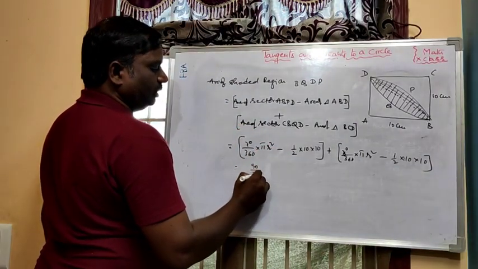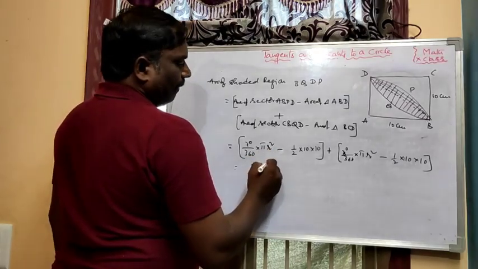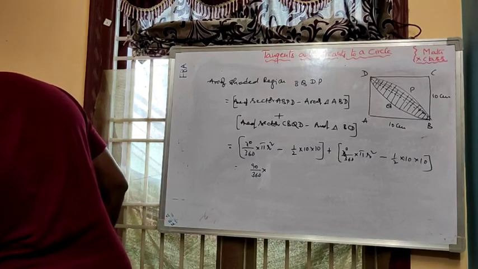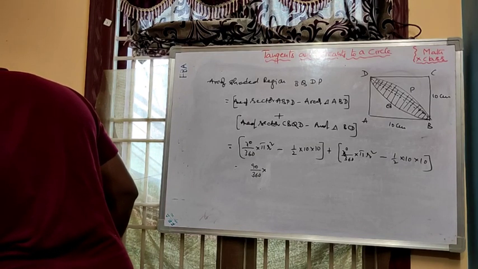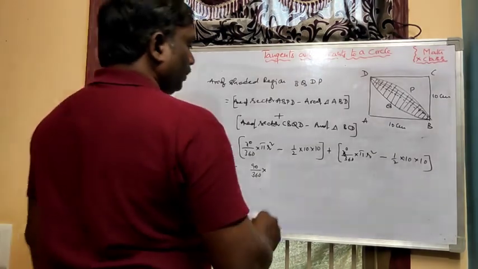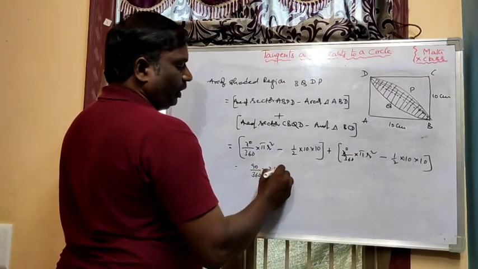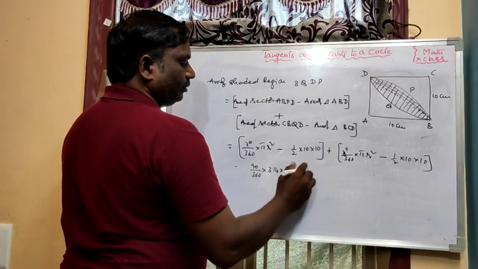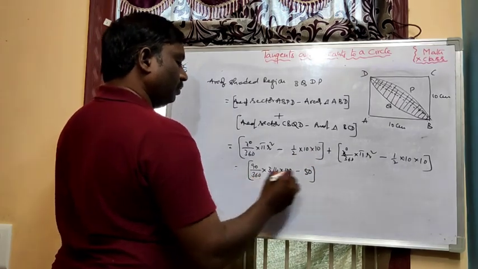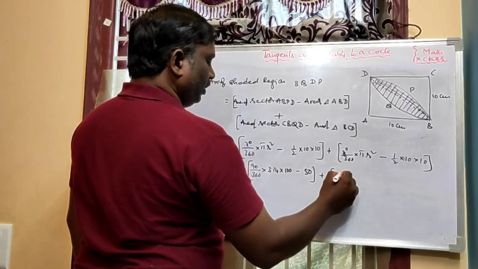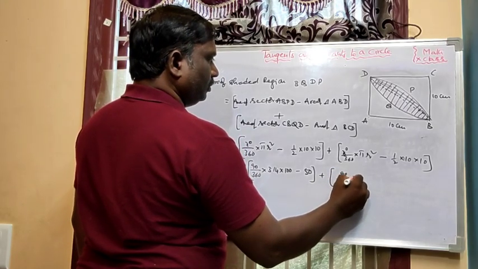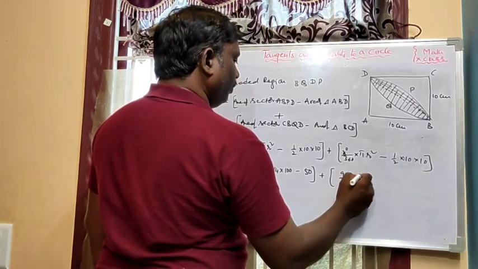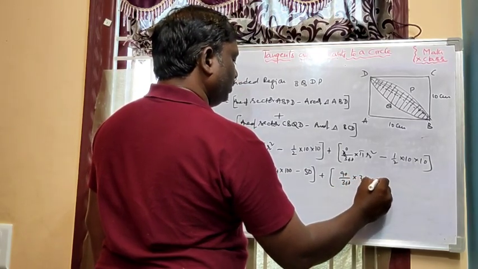So what is x degrees? 90 by 360 into pi value. What are they asking? Pi value is 3.14, we have to use 3.14 into radius squared, that is 100, minus 50, plus similarly here also 90 by 360 into 3.14 into 100.